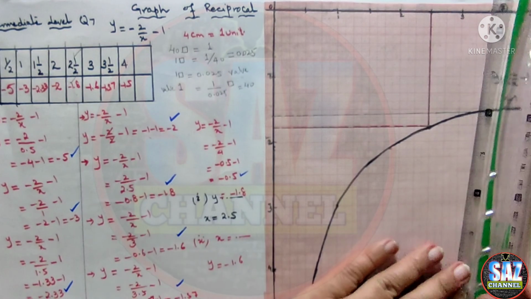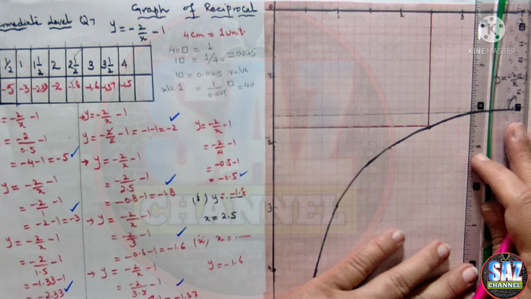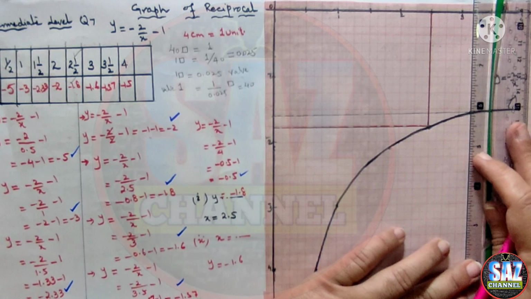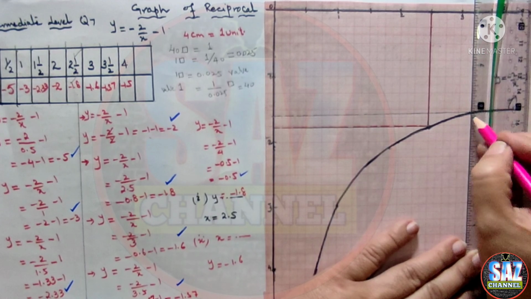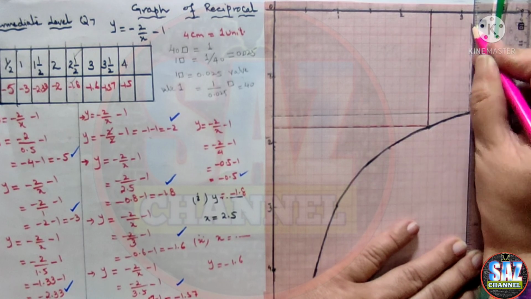Now I have to move towards the x-axis carefully. Let me keep the ruler straight so that I can read the value accurately.